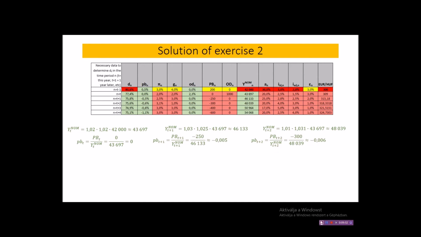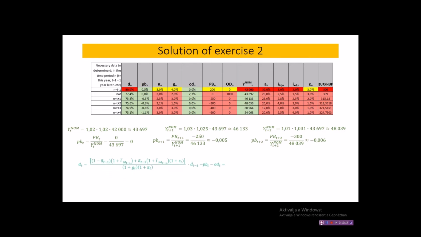So these were the preparatory calculations, and from now on the task is to calculate the T plus 2, so the ratio of the government debt to the GDP in the second year. We are going to do this by proceeding row by row or year by year, starting with dt.